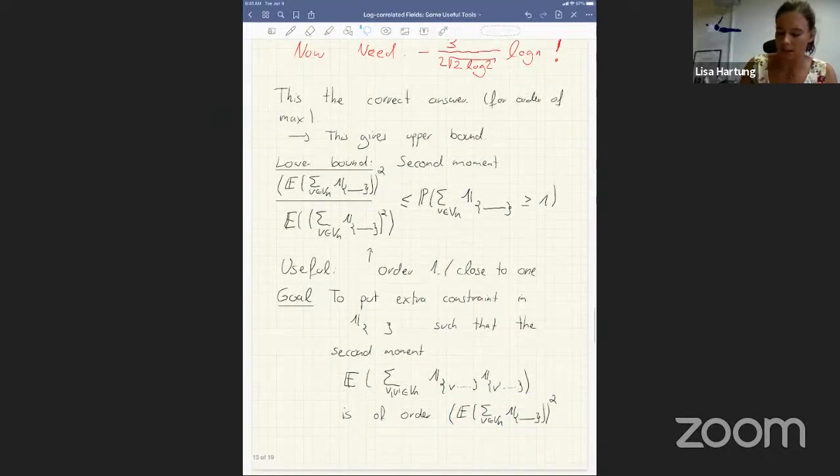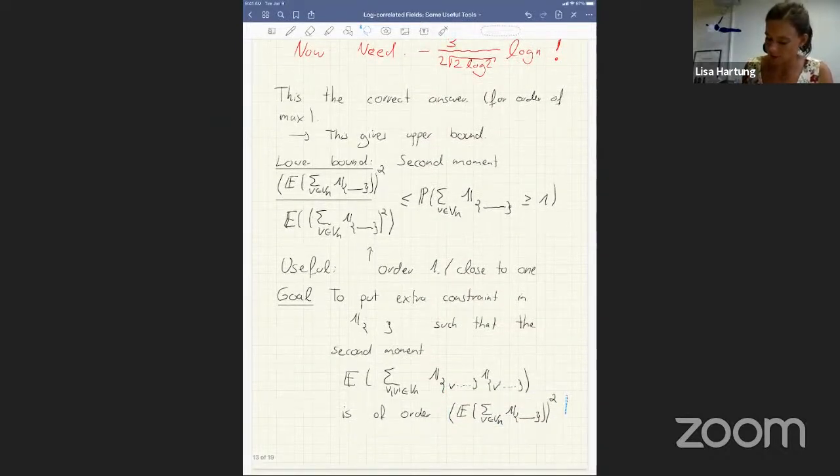So in this particular example, we used this extra information on the forbidden region. But somehow this is something you can play around with.